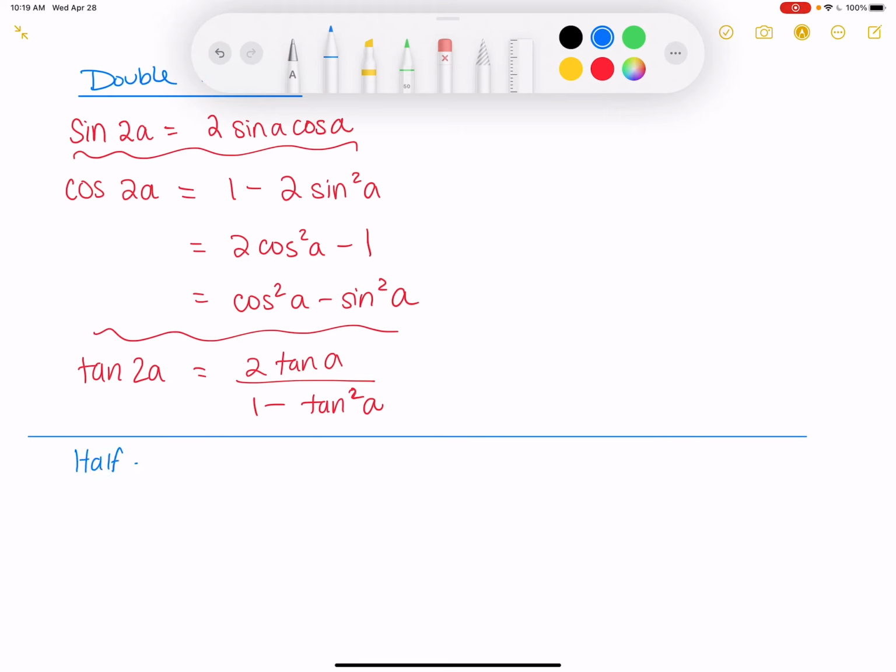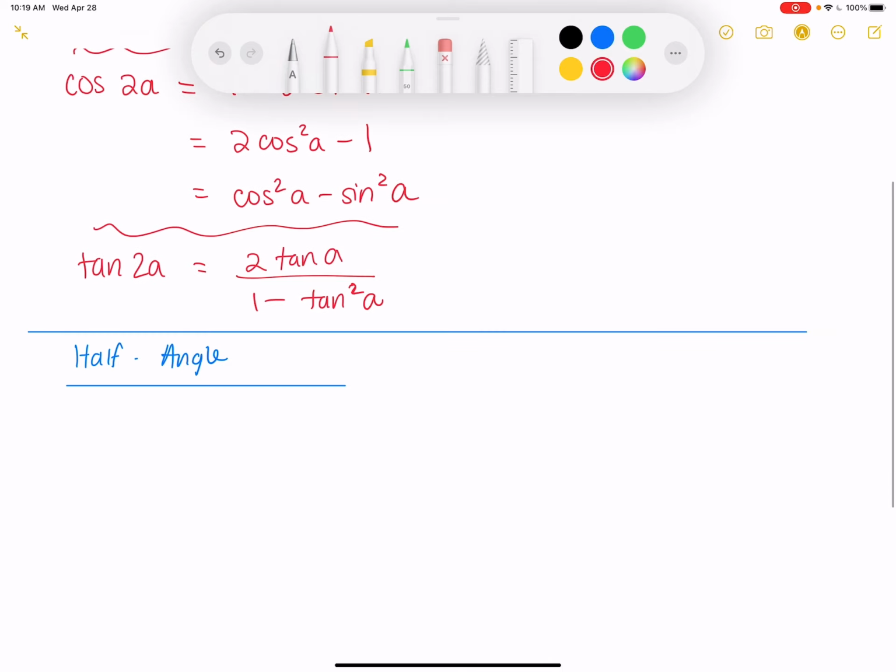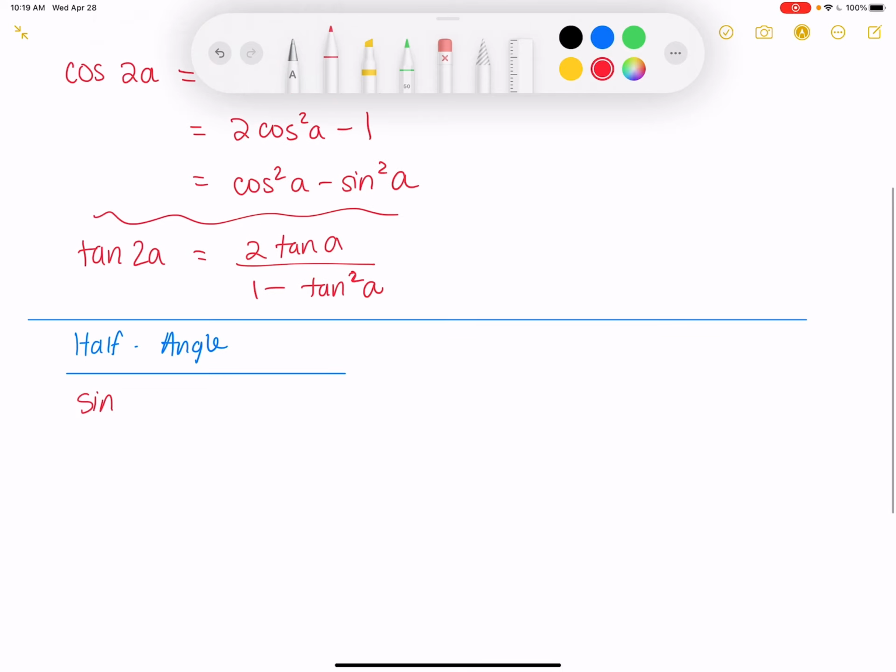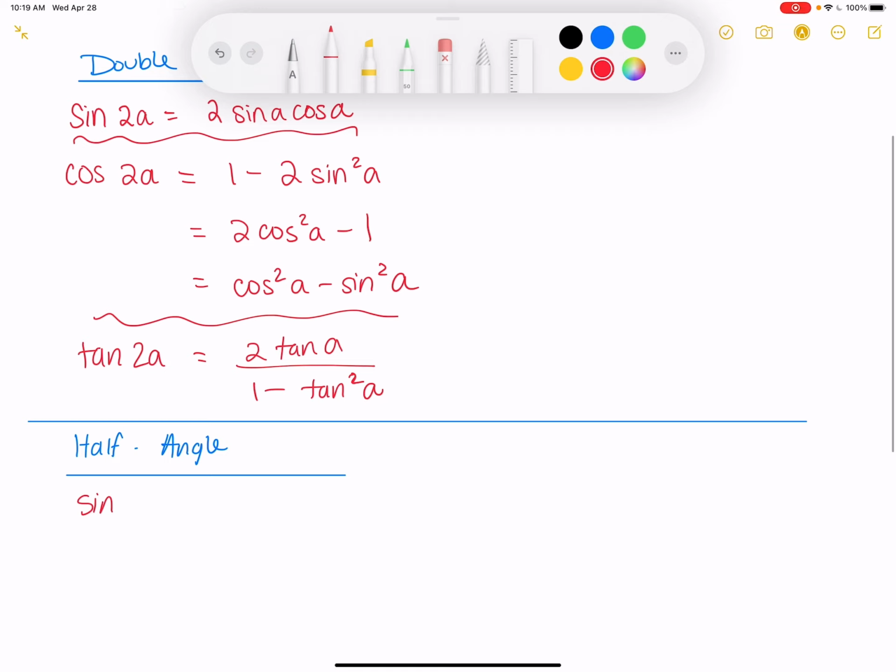And then our half angles. We have the sine of a over 2 is equal to plus or minus the square root of 1 minus cosine of a over 2.